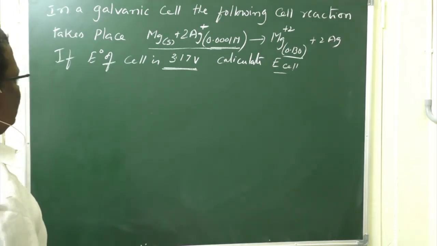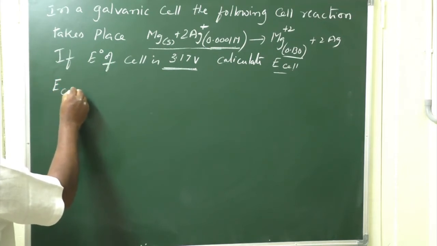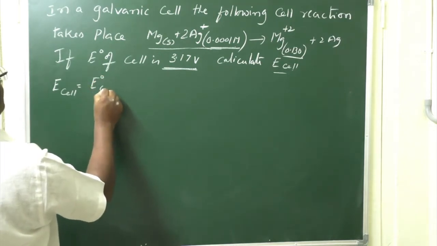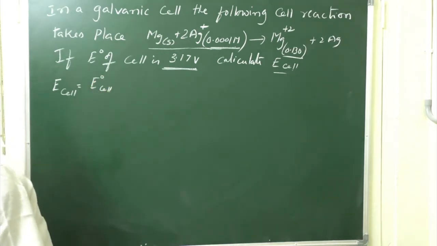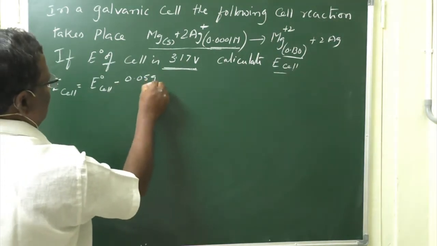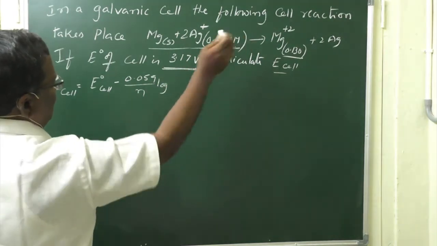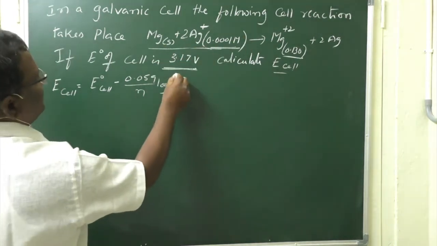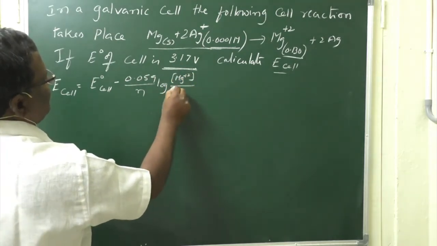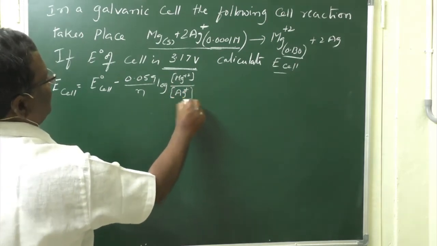According to the Nernst equation, E of cell, or EMF of the cell at non-standard condition, is equal to E naught of cell, that is EMF of cell at standard conditions, minus 0.059 by n log of concentration of anode ions, that is Mg2+ ions, by concentration of ions at cathode, Ag+ ions.